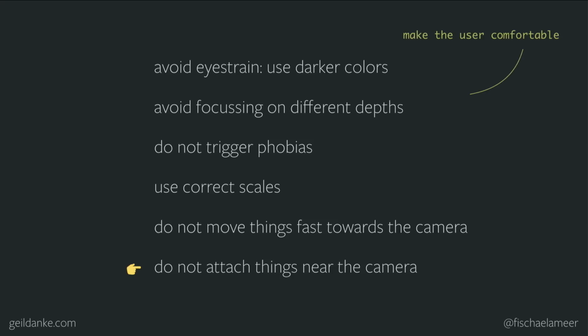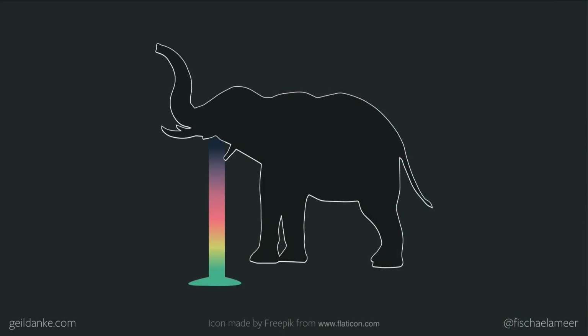Okay, now, what about the elephant in the room when we talk about comfort and VR? So what about simulation sickness? I guess making your users feel sick, causing them physical pain, or making him or her even throw up is hopefully the last thing you want to do as a developer.